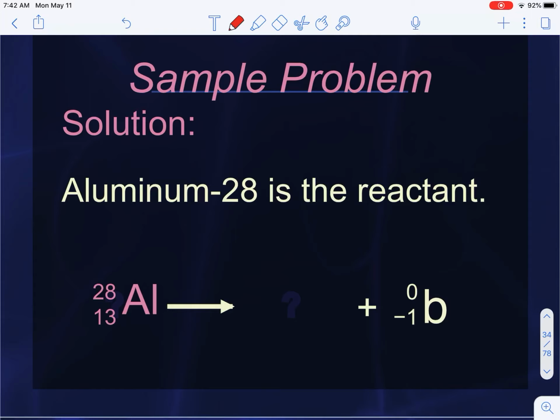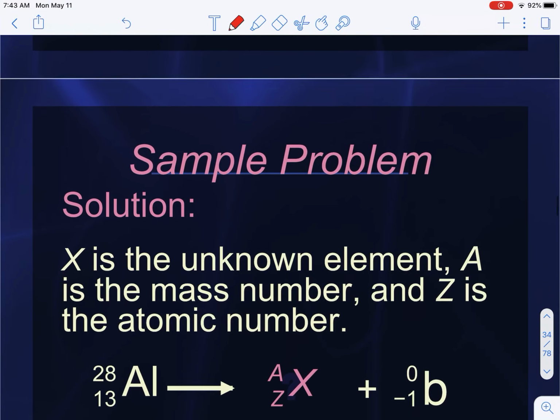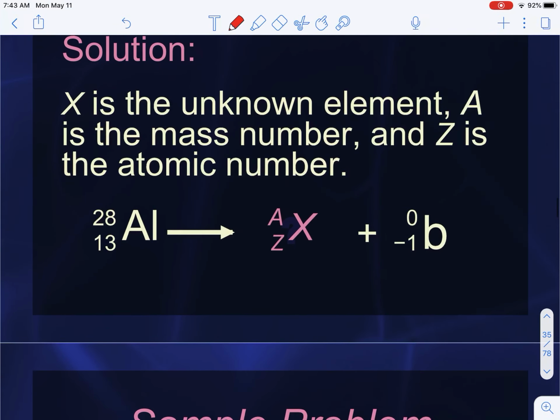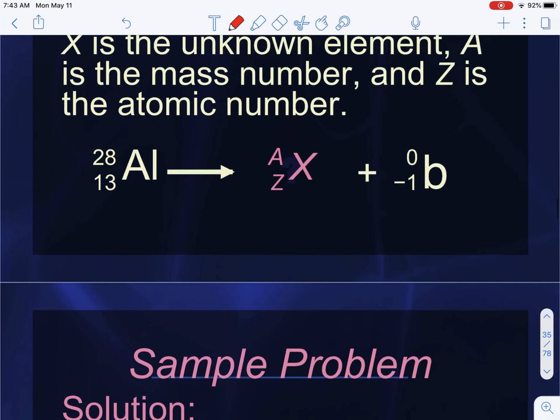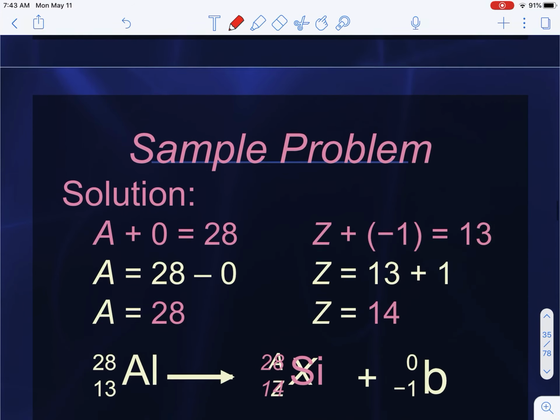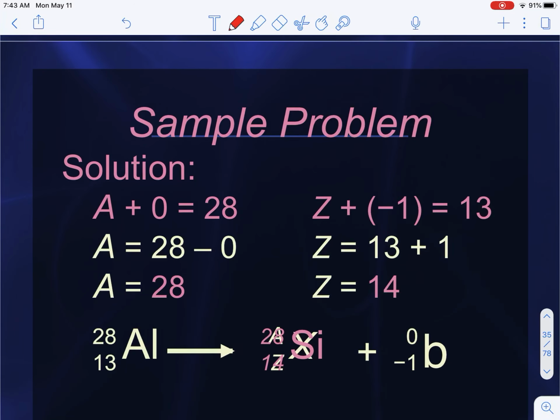Remember, in beta decay, the number on the top does not change, but the number of protons does change, so the identity of the element is changing. So let's show that they're working it out here. Okay, all right. Aluminum 28, 13, you end up getting 28. Remember the mass number is staying the same?